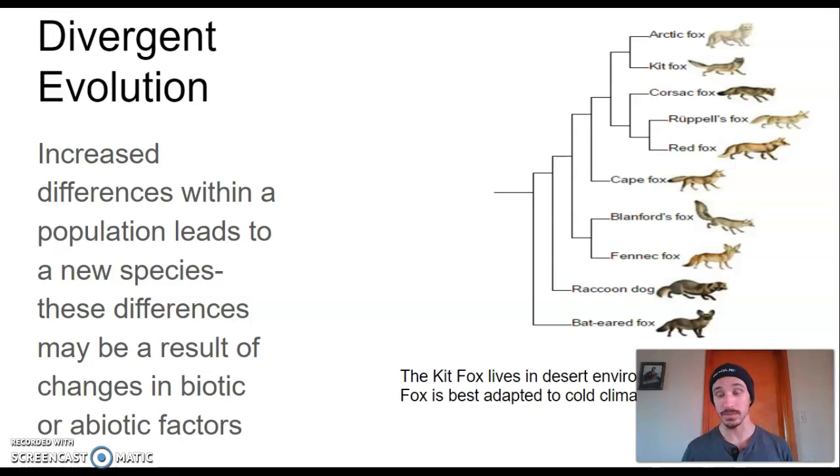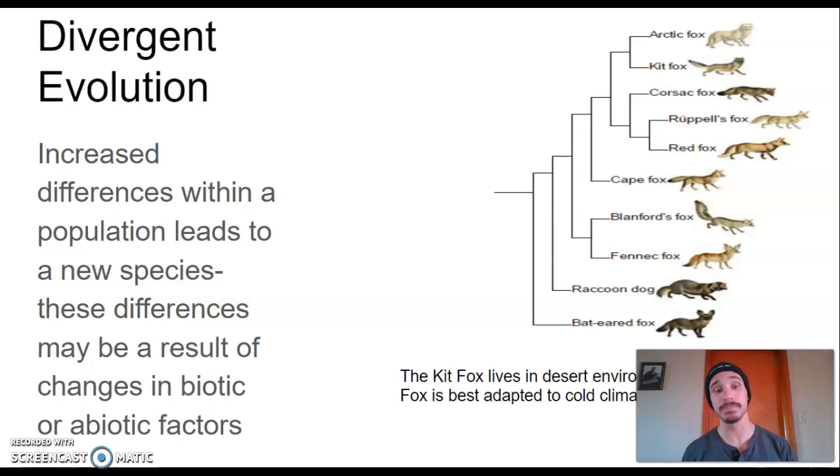Enough interbreeding within that deer population over time, there are going to be mutations, and there is eventually going to be a mutation that is so drastic it creates a new species of deer within that population. And if that species is naturally selected by that environment, it'll pass on its characteristics and the species will grow. So divergent evolution, increased differences within a population leading to a new species.